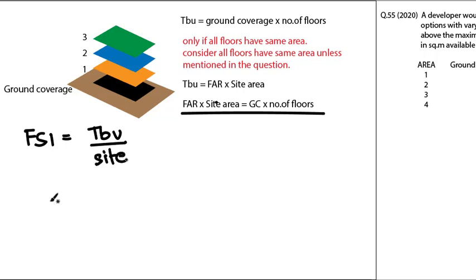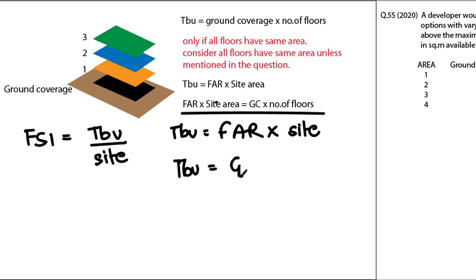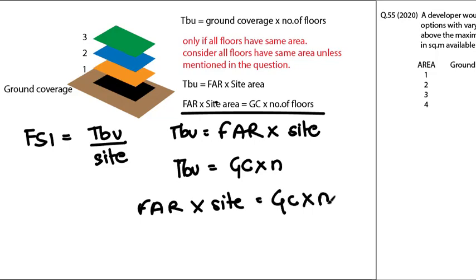Total built up will be FAR into site, and total built up is equal to ground coverage into number of floors. Since the left hand side is equal, FAR into site is equal to ground coverage into number of floors, applied that all the floors have same area. These are the formulas that you will require for solving the problems.